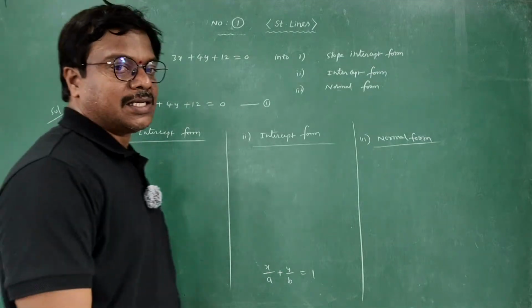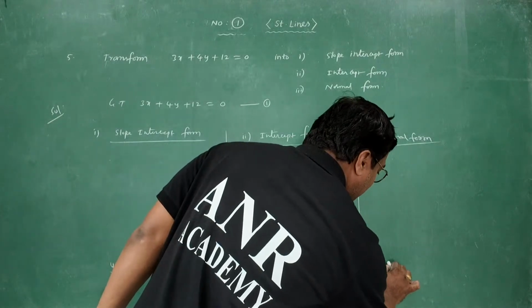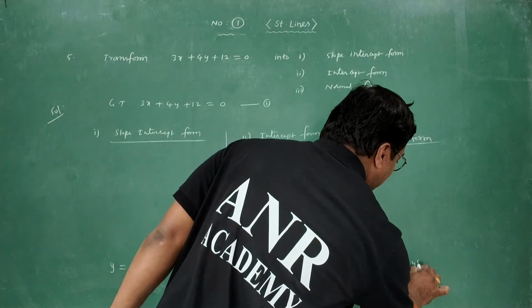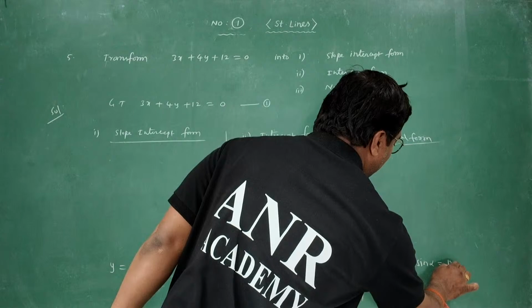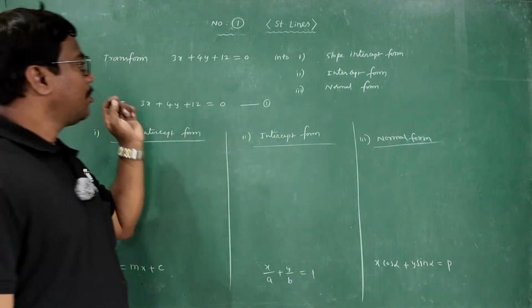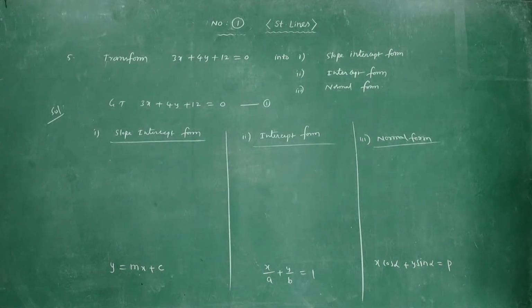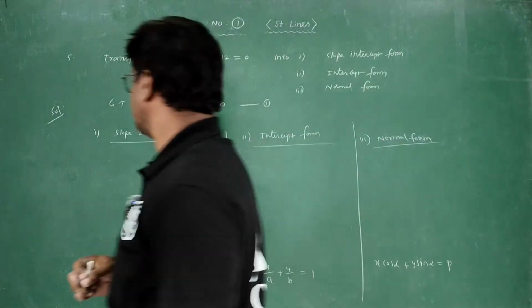Next, normal form: x cos alpha plus y sin alpha equal to p. So you have to transform the given equation 3x plus 4y plus 12 equal to 0 into these three types.